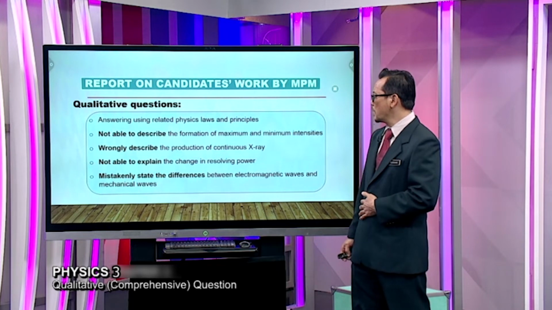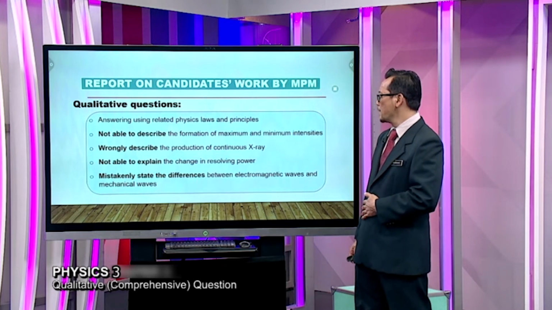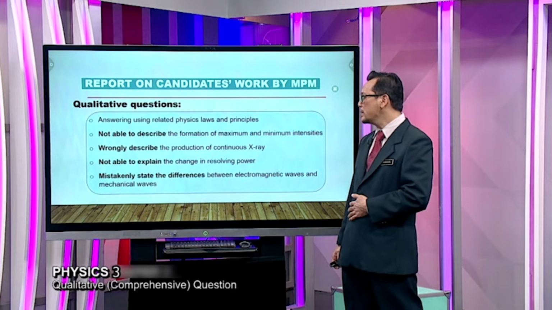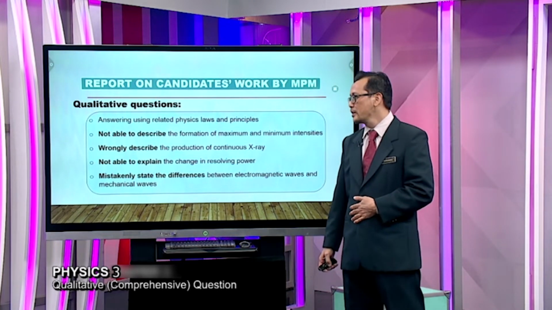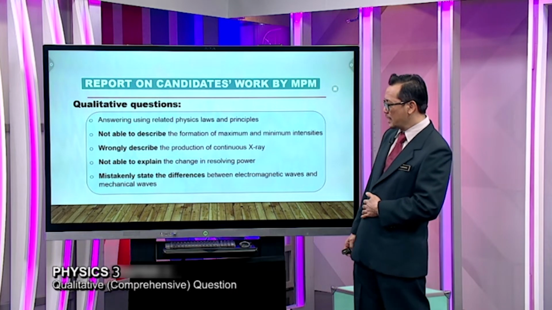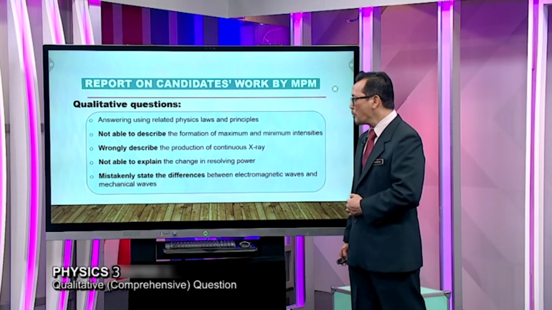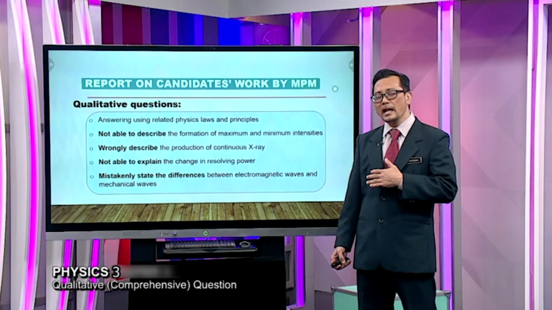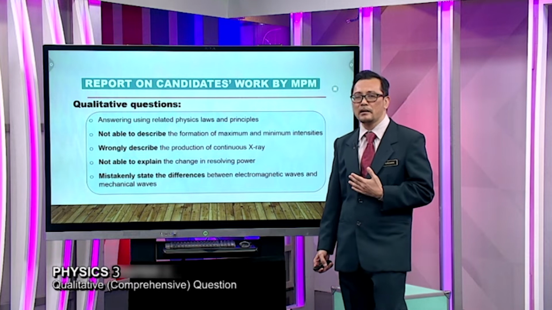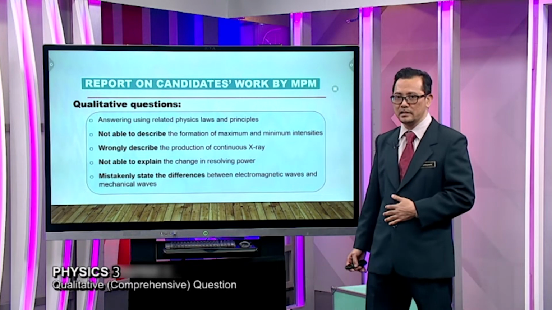Number two, some candidates wrongly describe the production of continuous X-rays. We also see that some candidates are not able to explain the change in the resolving power, and also mistakenly state the difference between electromagnetic wave and mechanical wave. So let's look at how we can rectify all the mistakes here.